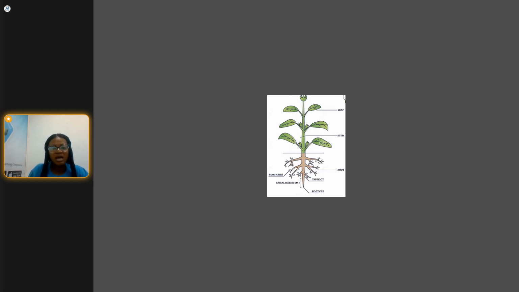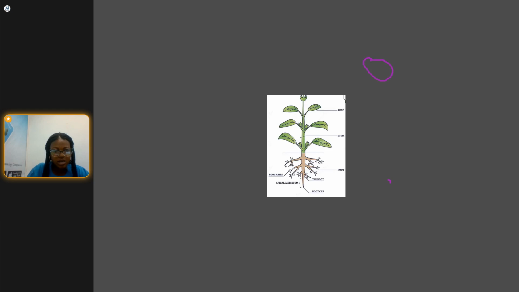The plant has different structures, different tissues that give them support to carry out their day-to-day activities. So the main parts of a flowering plant is the leaf. As you can see on the board, we have the leaf.